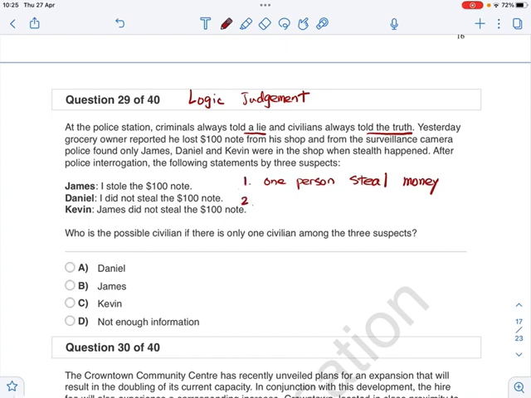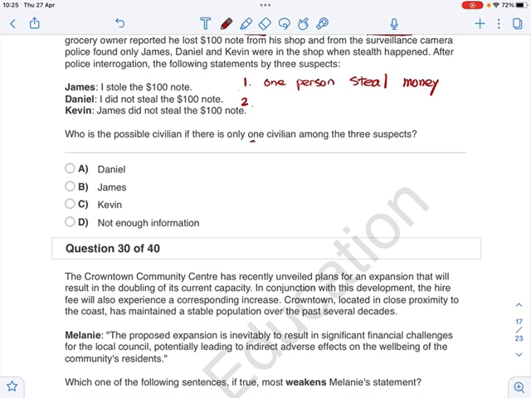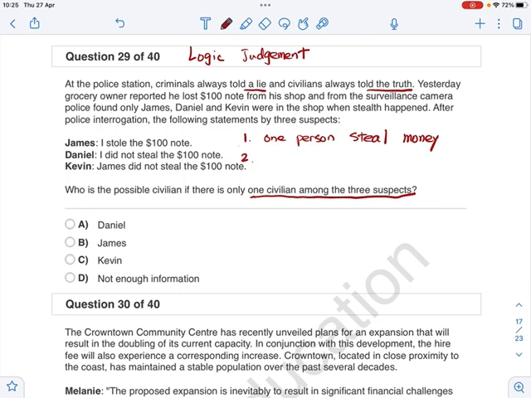The second criteria they tell us is that there is only one possible civilian among these three suspects. Since we know that civilians always tell the truth, we know that only one person tells the truth.